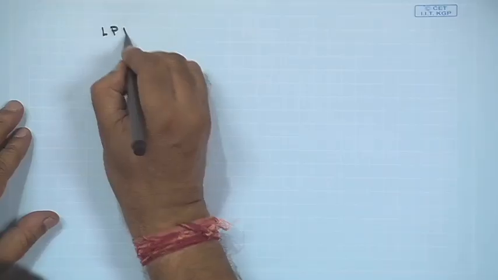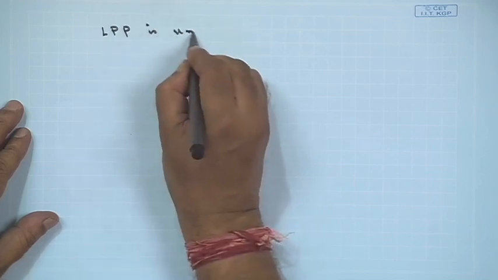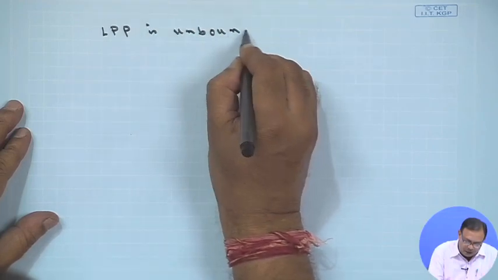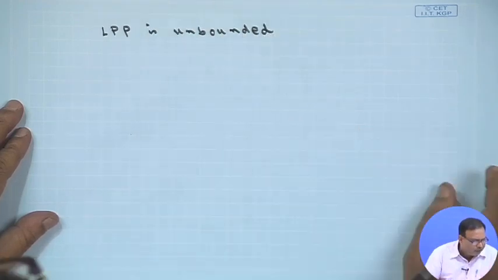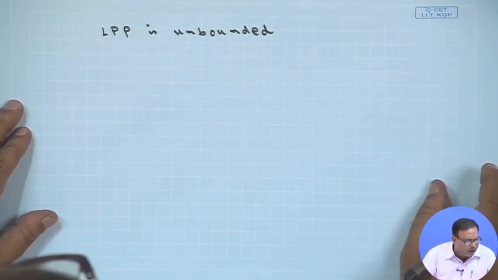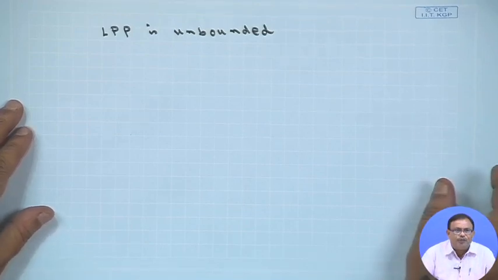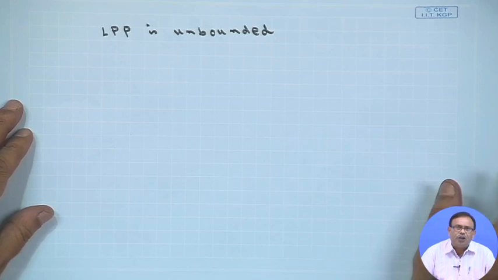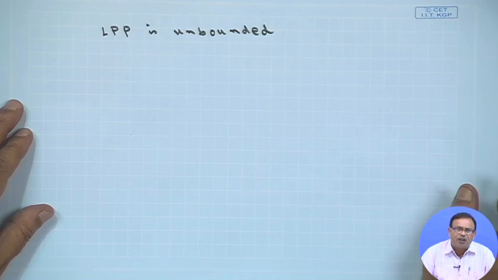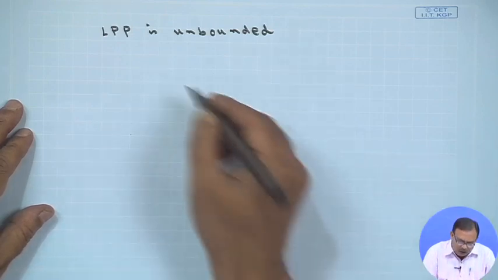Now, graphically, we can say that one LPP is unbounded if the feasible region is increasing indefinitely in the same direction. Please note that one, in the same direction.